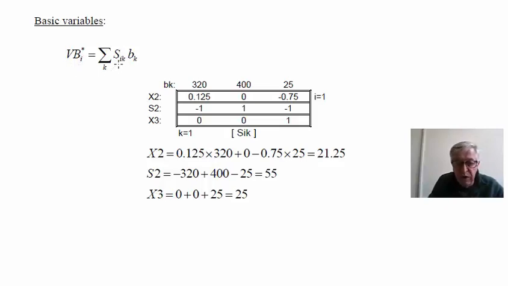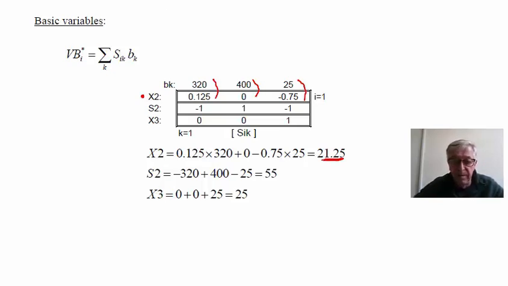That is essentially we obtain the values of the basic variable associated to a line by the internal product of the coefficients of that line of SIK by the vector BK. For example, x2 can be obtained by this internal product, that is this line by this vector. So we multiply 320 by 0.125, and then this part is 0, and then we multiply 25 by minus 0.75, and we obtain this value.